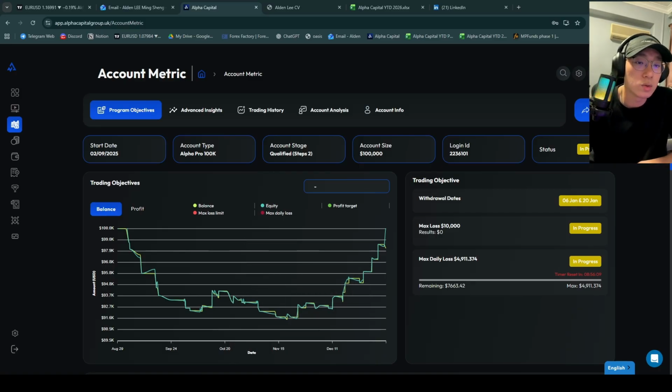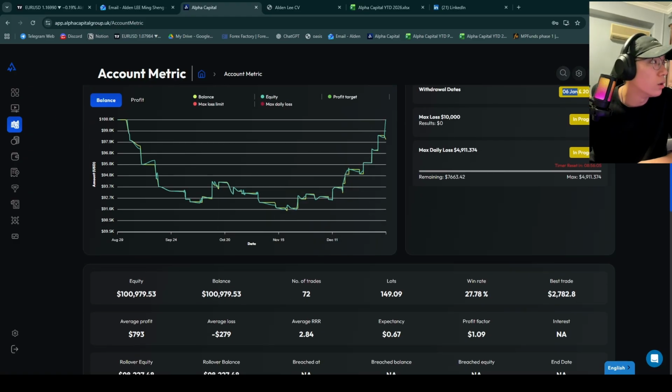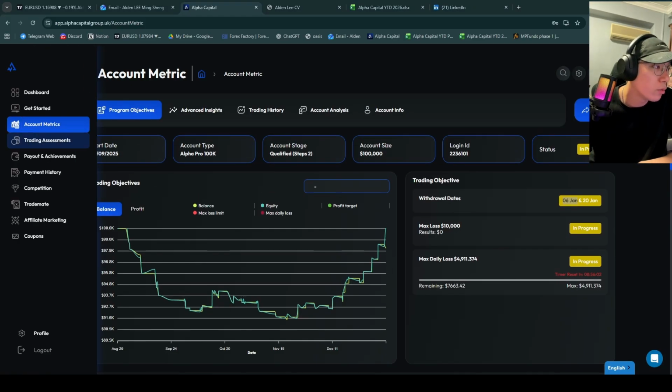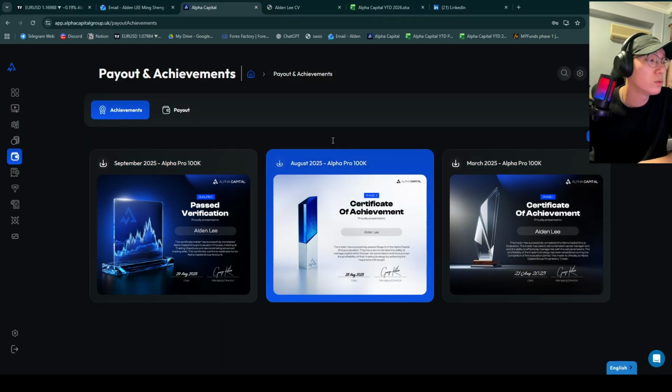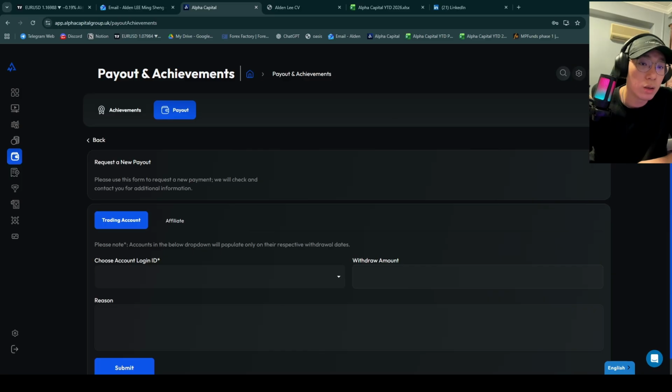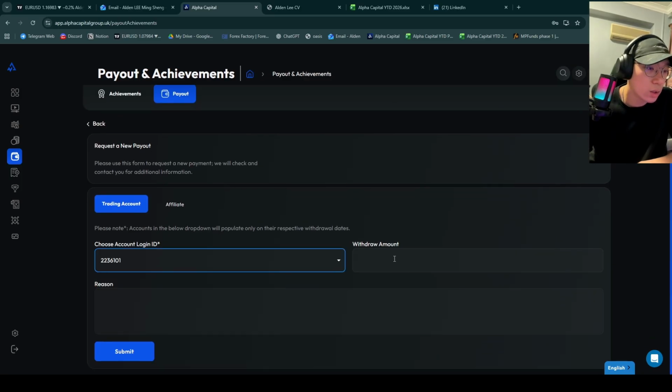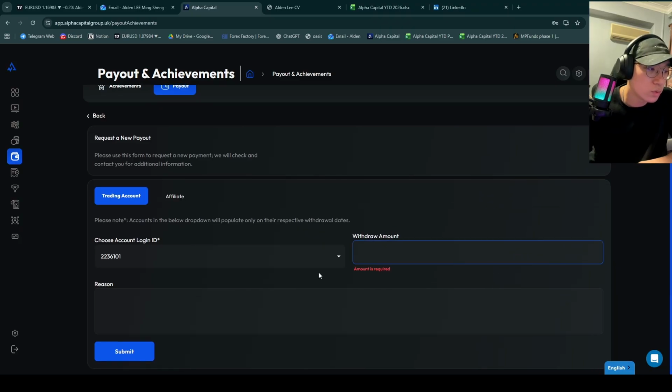Let me see. So today is the 6th of Jan, so it's a payout date here, right? And if I'm not wrong, it's payout achievements. You can see phase 1, phase 2, pass verification, and so on. So let's click this account, withdraw amount. If I'm not wrong, you have to calculate the profit split, but I'm not exactly sure.